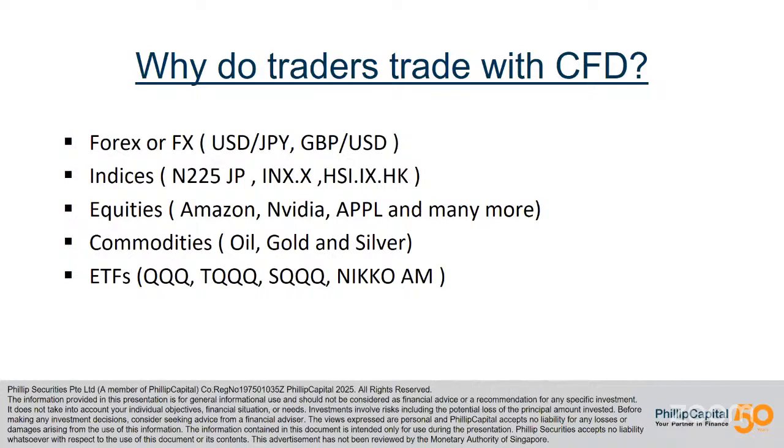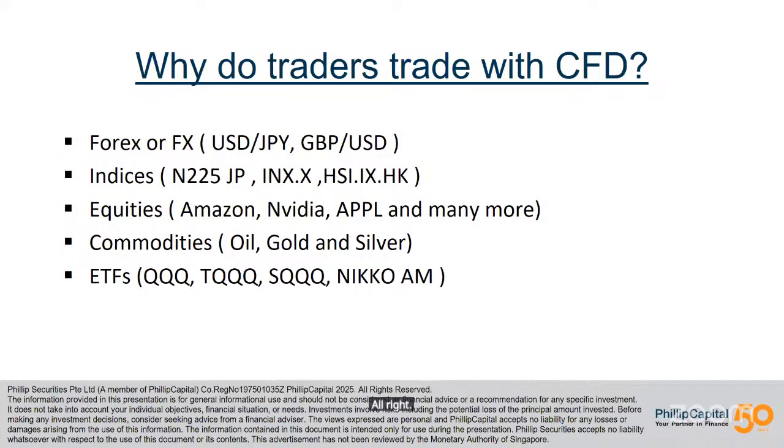Here are some of the products that we offer. There's over 5,000, but these are the few things that we have. Forex or FX: major currency pairs like USD yen or British pound with USD. Some indices, we have Nikkei 225, Japan.